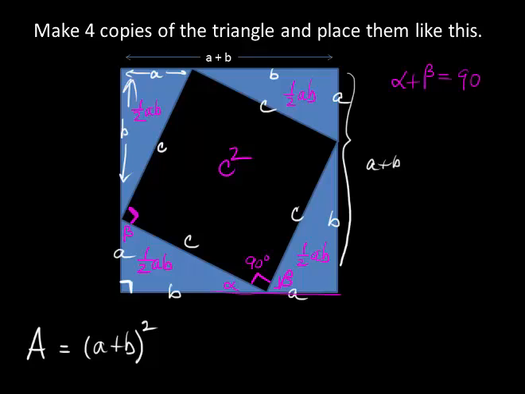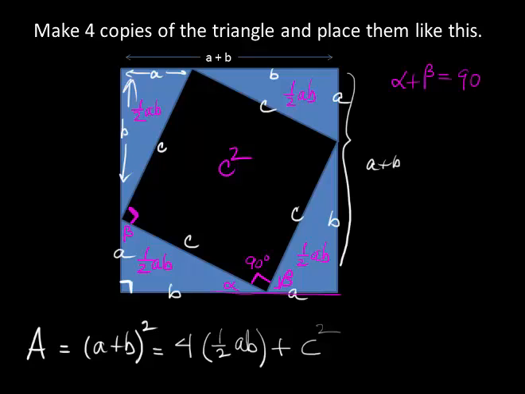So now I want to write the area in another way. This was the area of the whole and is equal to the sum of its parts. So we have 4 areas which are 1/2 AB, the 4 triangles, plus the square in the middle, c squared.